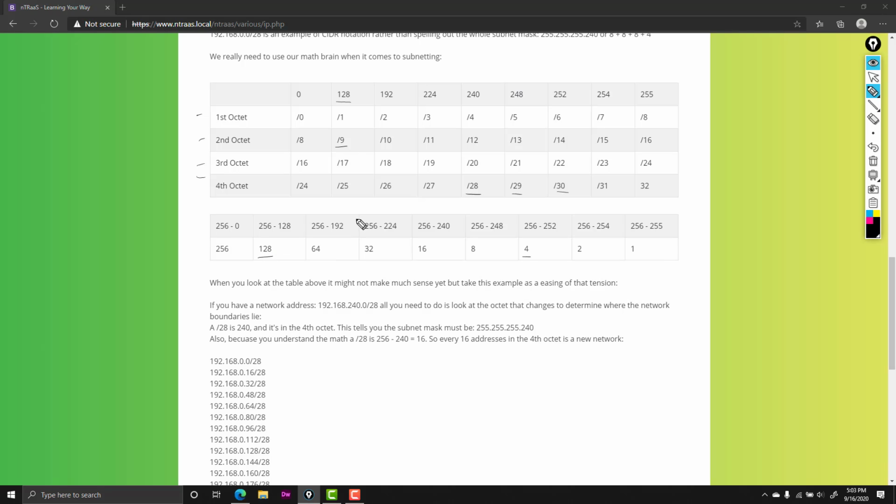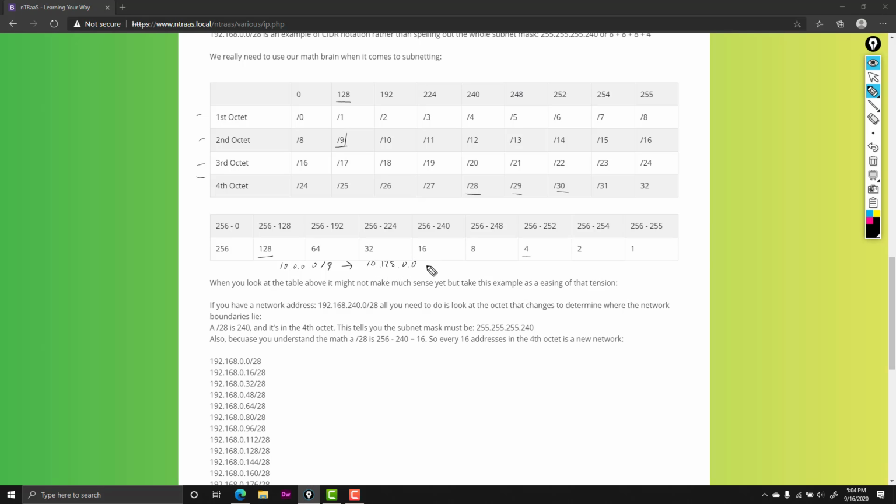So we'll take this as an example: 10.0.0.0 with a /9. You'll see here in the second octet it changes. The first octet does not change, and we use a single bit. So we have 10.0.0.0 and 10.128.0.0.